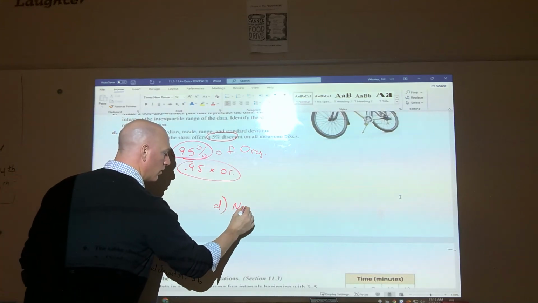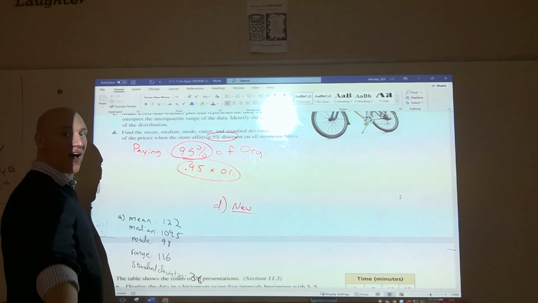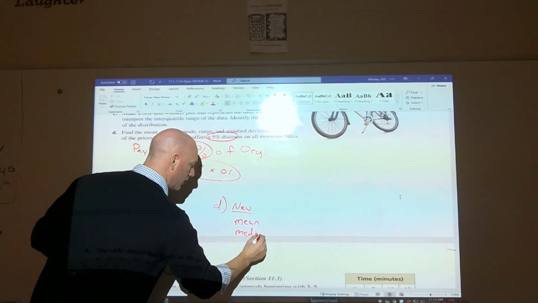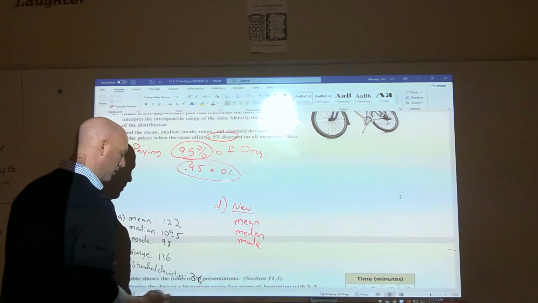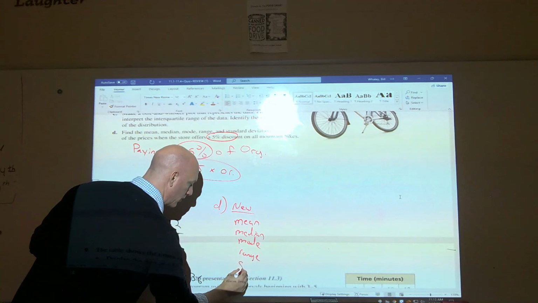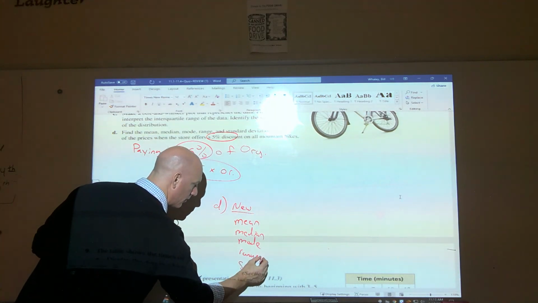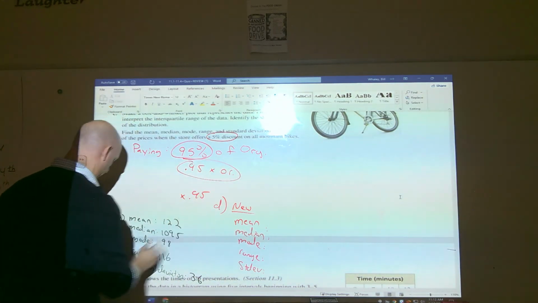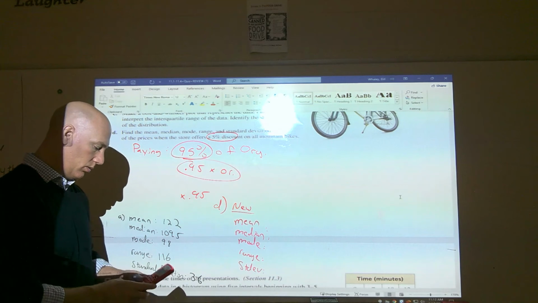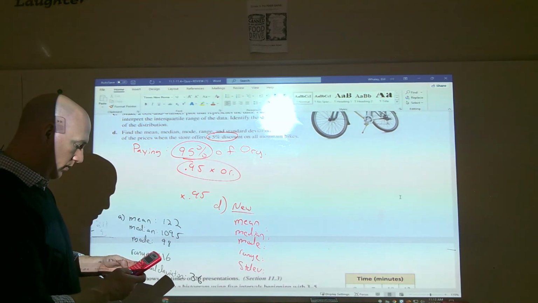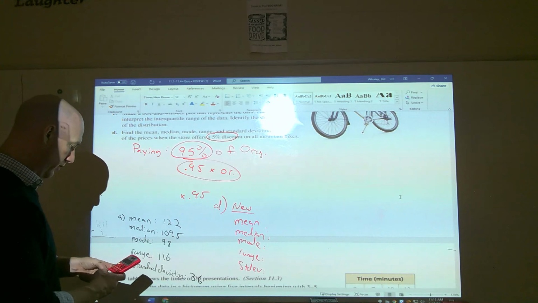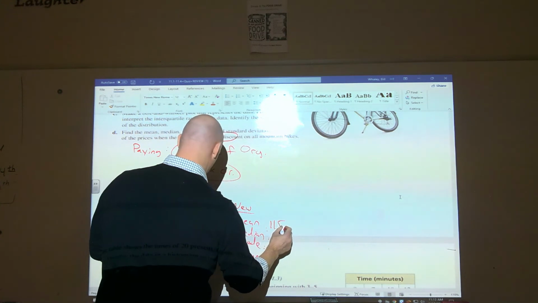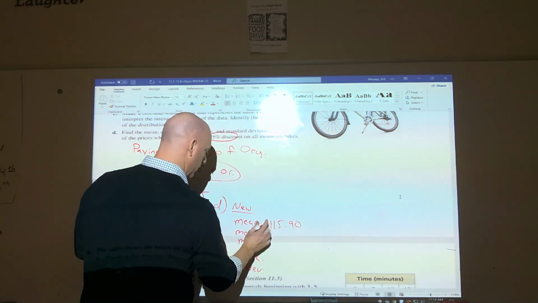Our new, or our adjusted for 5% discount, mean, median, mode, range, and standard deviation is just going to be the original times 0.95. So 122 times 0.95, 115.9, or $115.90.